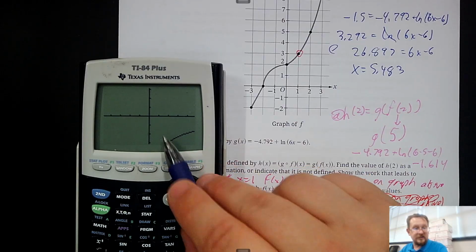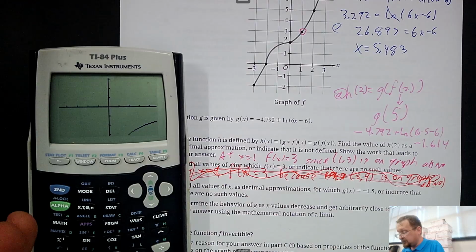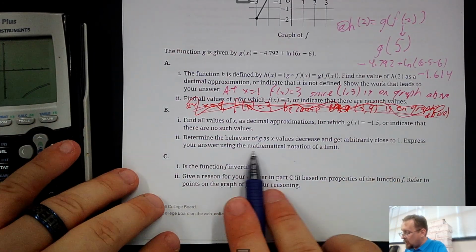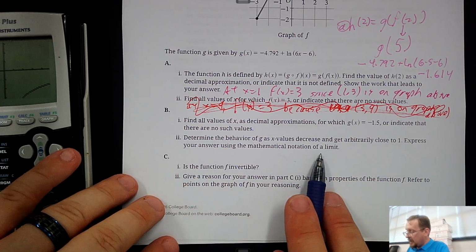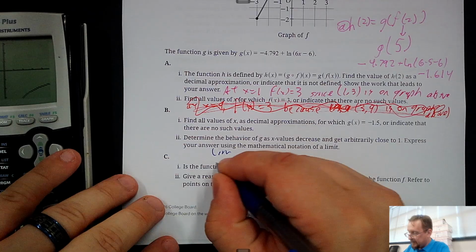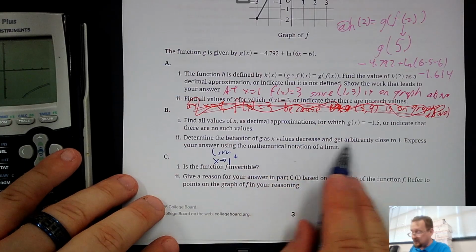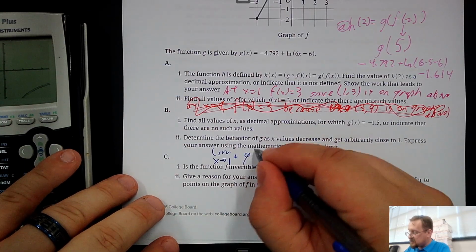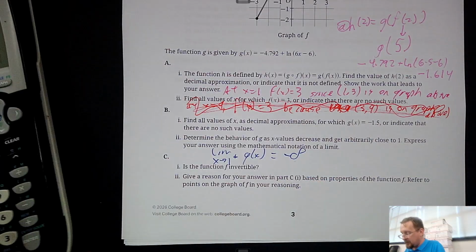All right, so it looks like the end behavior is approaching negative infinity. So as x values decrease and get arbitrarily close to 1, using limit, the limit as x approaches 1 from the right-hand side, because it says as x values decrease, so I bet you had to do that. g of x is equal to negative infinity, because it goes way down right there.